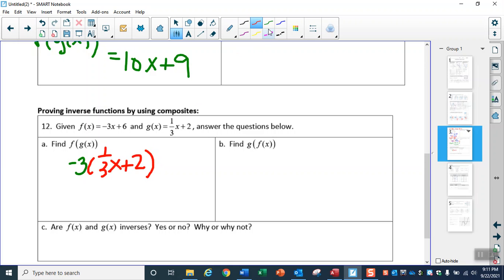And then I'm writing f, so I'm going to put +6. All right, negative 3x plus 6, and I'll put the g inside. All right, g is inside of f. And then now I'm going to use my distributive property. So on Desmos, take negative 3 times 1/3, that would be negative x.